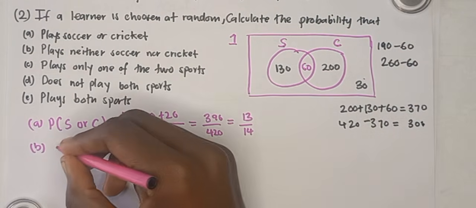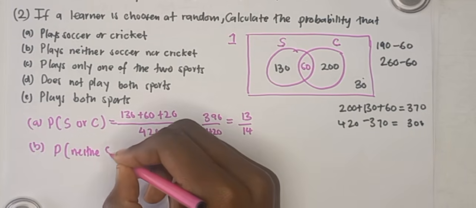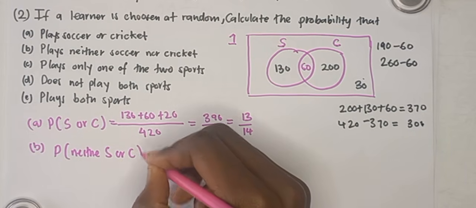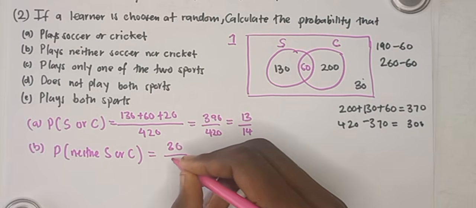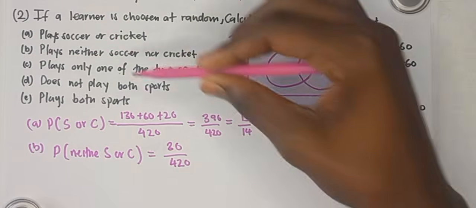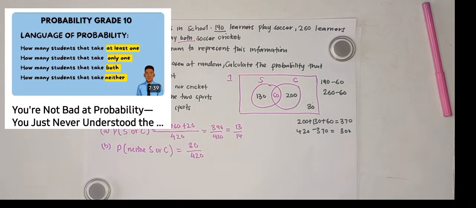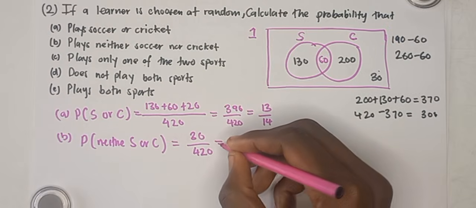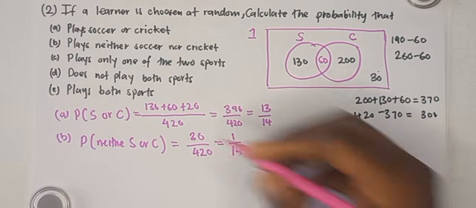So the probability of neither soccer nor cricket is 30 divided by 420. If you don't understand this language of probability, I've made a video. This is the video, you can go and watch it. I'll add the link in the description. If you put this on a calculator, you're going to get 1 over 14.